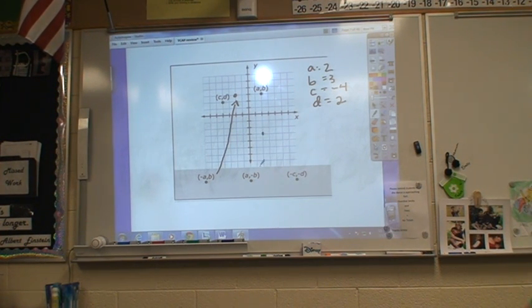This is the next point right here. And then finally a (-C, -D). Well, C is here. We went this way first, so instead of a -4, I'm going to have to go opposite of a -4, which is a +4. And then D was up 2, but now I'm going to go down 2. So this is the final point right here.